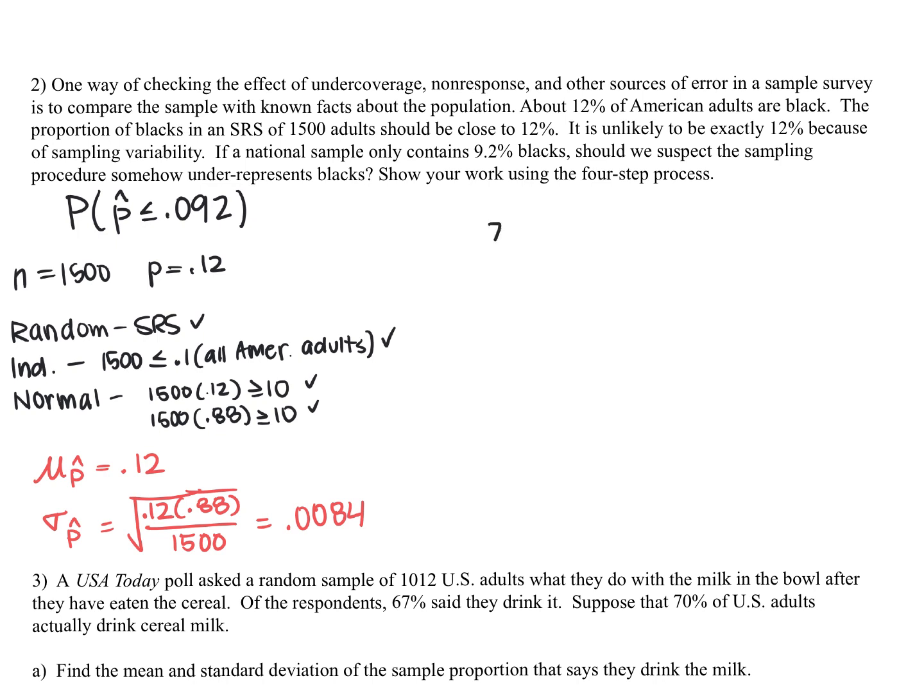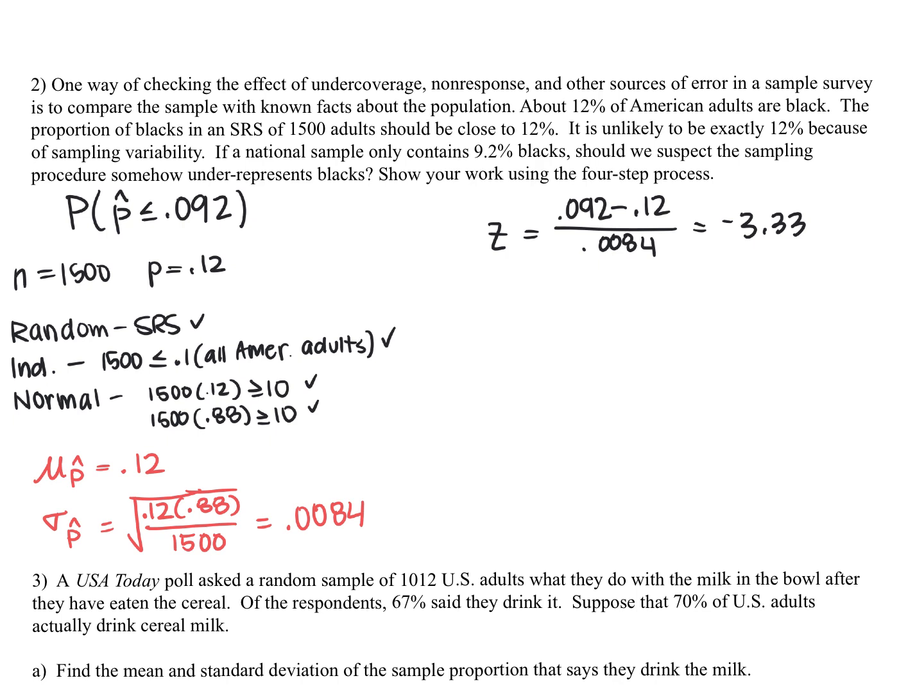Now we're going to calculate our z-score. So 0.092 minus 0.12 over 0.0084, and we're going to get negative 3.33.